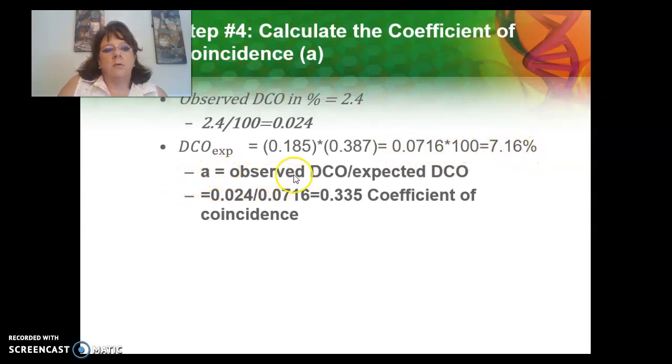The A equals observed double crossover divided by the expected double crossover. We take the 0.024 and divide it by the 0.0716 to equal 0.335 coefficient of coincidence.